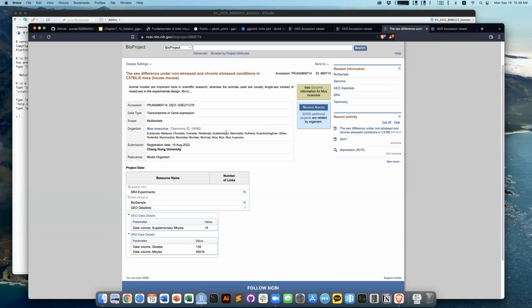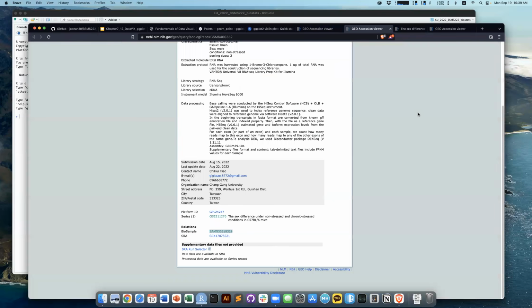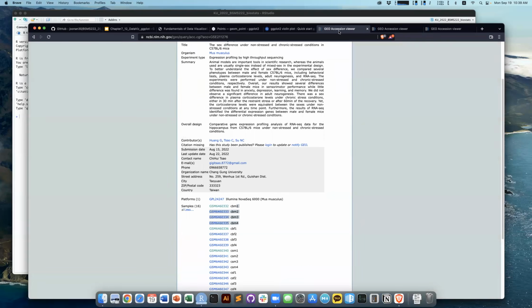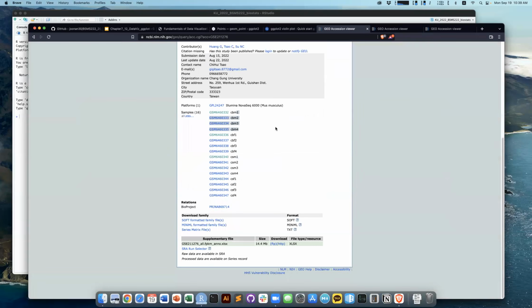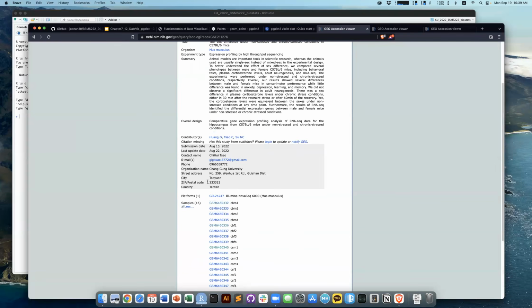So anyway, there was another thing. Okay, so this is how we access the raw data, and you can also access the processed data set from here. So this is the data set from the RNA sequencing. We call it the summary statistics. And this data set is processed by these guys, right?